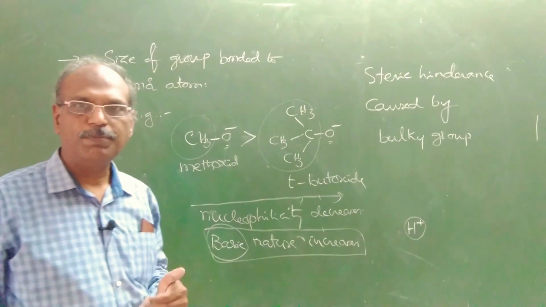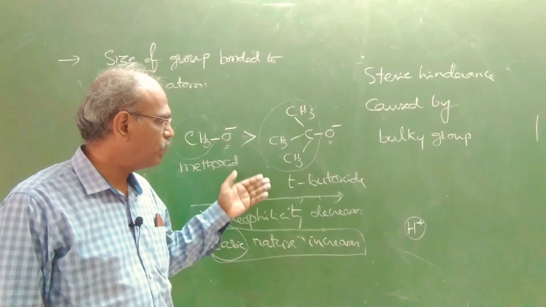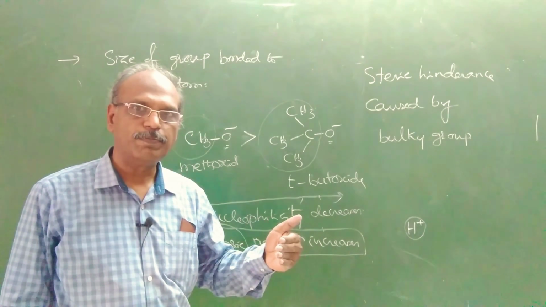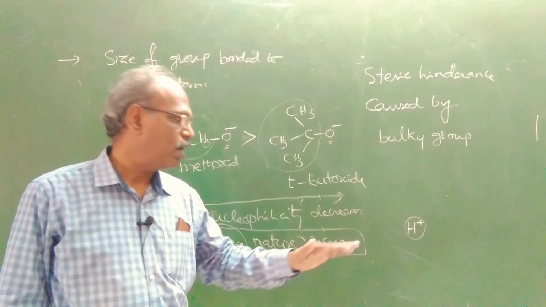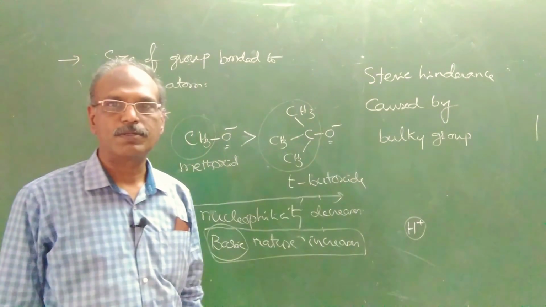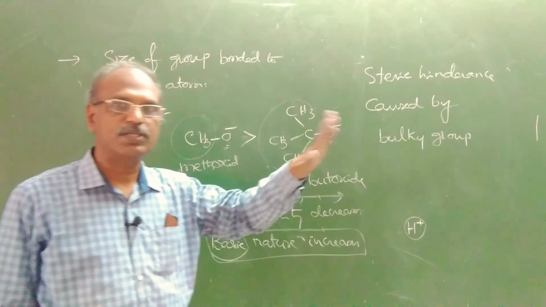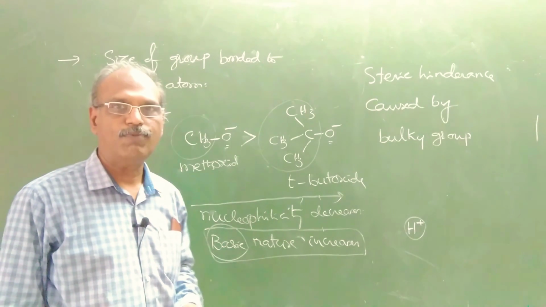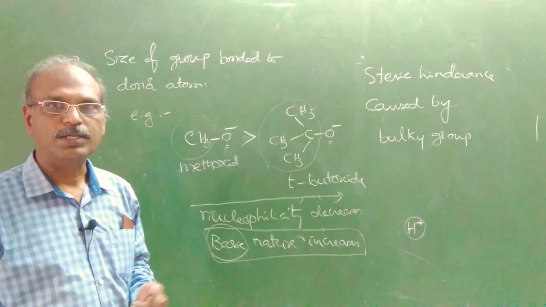Nucleophilicity is defined particularly in carbon chemistry as the ability of a species to donate an electron pair to an electron deficient center other than H plus. If the electron deficient center is H plus, that is said to be a base. In other cases, the same thing is said to be a nucleophile. That is the thing to be seen.